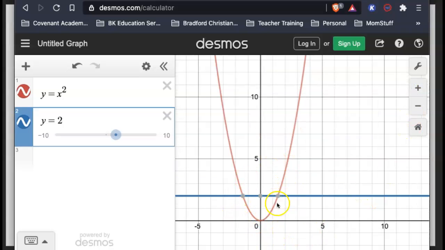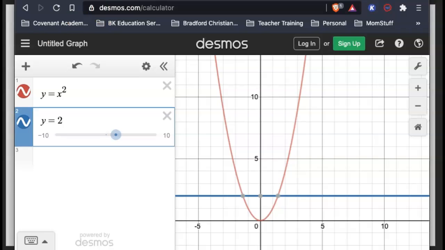There are solutions, and in fact you can see that it's 1.414, probably truncated, and negative 1.414. So there are solutions. Those decimal numbers are not rational numbers. What does that mean? They can't be written as a fraction with an integer as the numerator and the denominator.